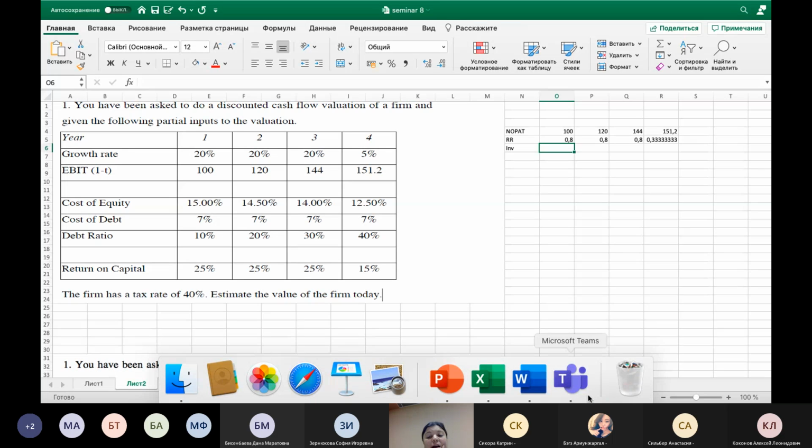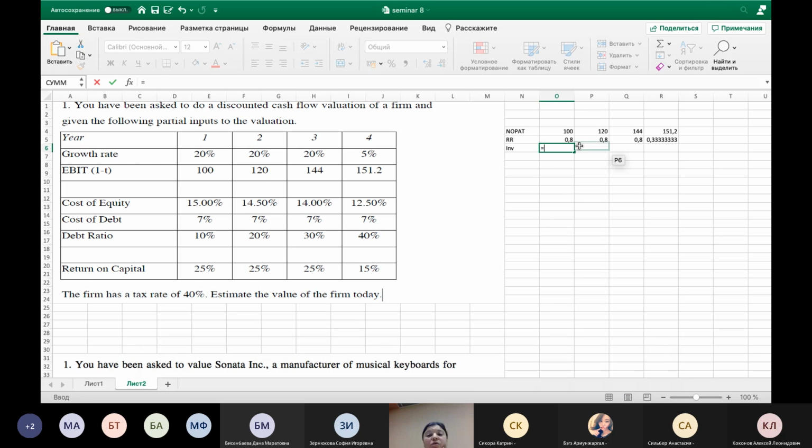As we have received our NOPAT and our reinvestment rate, our investments equal our NOPAT multiplied by reinvestment rate. It will be the mechanism of calculation of our investments.